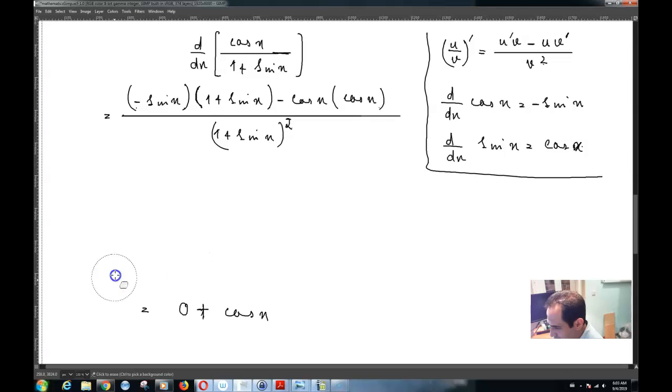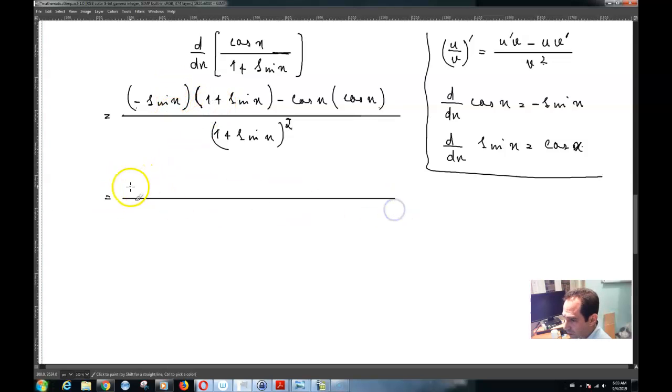1 plus sine x whole squared. Now, you can write this as negative sine x plus minus sine squared x minus cos squared x over 1 plus sine x whole squared, which you can take a negative out of.